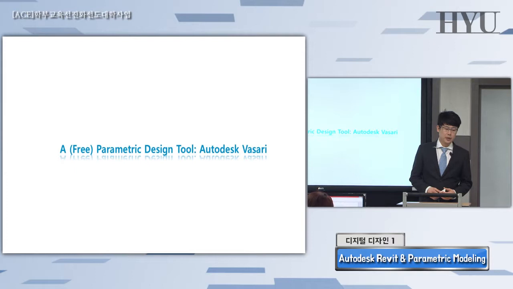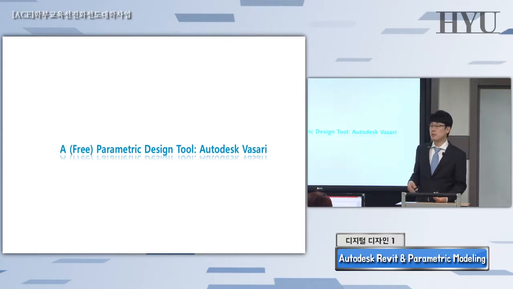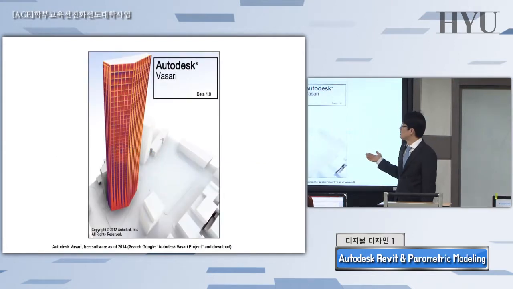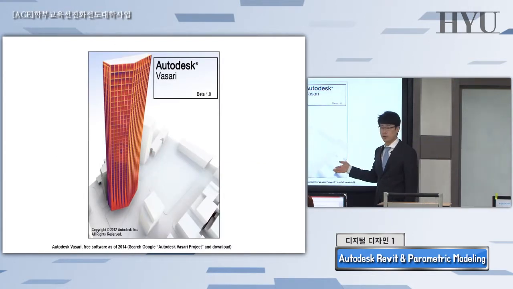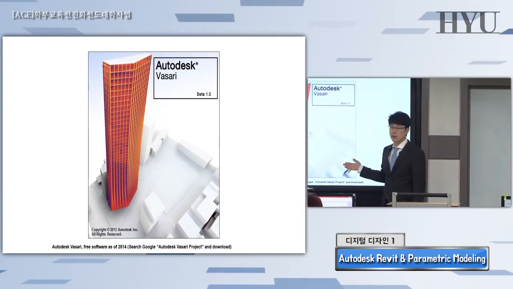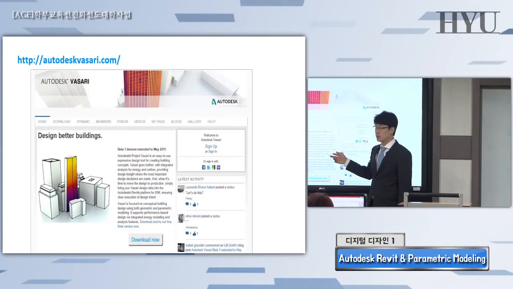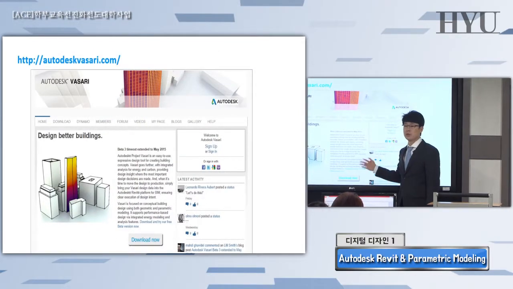For parametric modeling, we're not going to use the family editor this time. Instead, we're going to deal with Autodesk Vasari software. Okay, this is Autodesk Vasari software. Actually, this is currently beta 3. This is free software. You can download it freely from the autodeskvasari.com website, and you can install it.